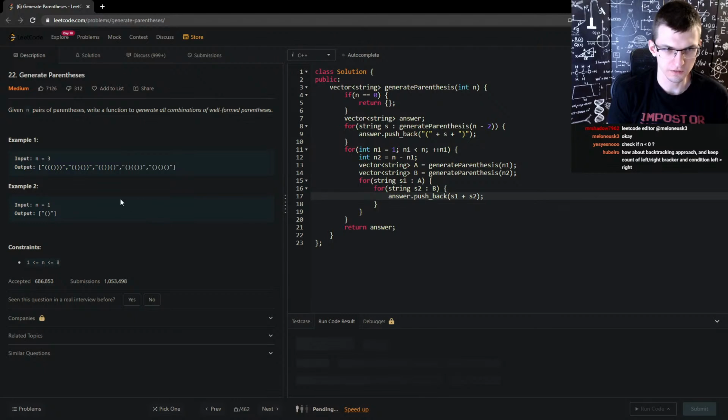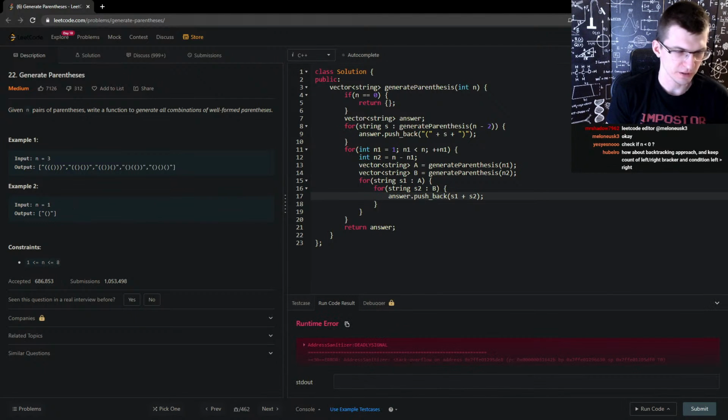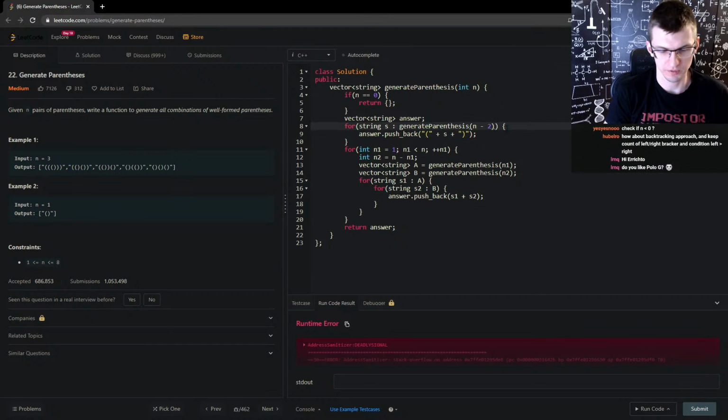Let's run the code. Check if n is smaller than 0. Do I need that? Well, if n is even, oh, actually the given n is the length of half of this. I see. So maybe like this. Yeah.